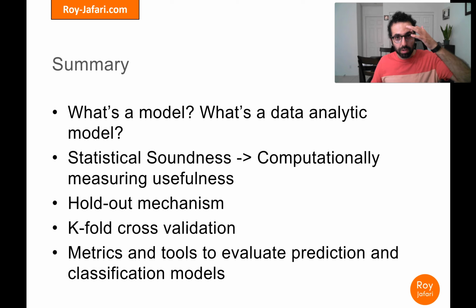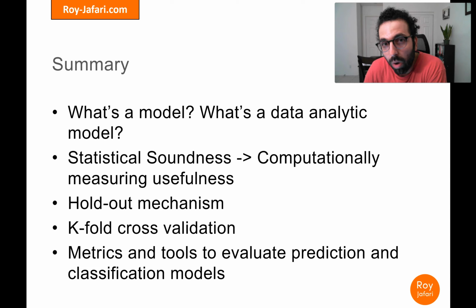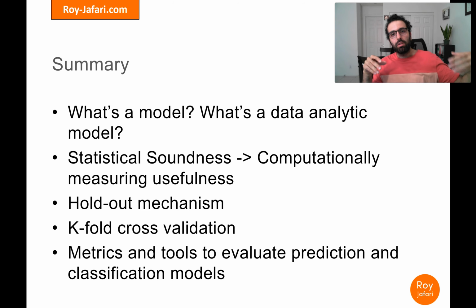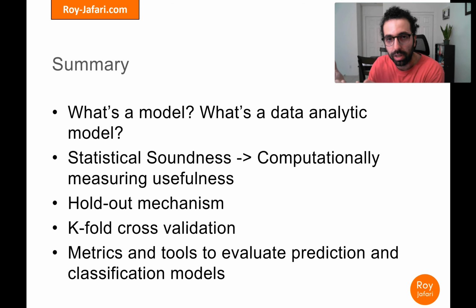All right, let me offer some summary here. In this video, we talked about what a model is, why we have models, what an analytic model is, and how we make sure that the model is necessary. We talked about the usefulness of the model, and how we moved from statistical soundness toward being able to measure usefulness in a metric.